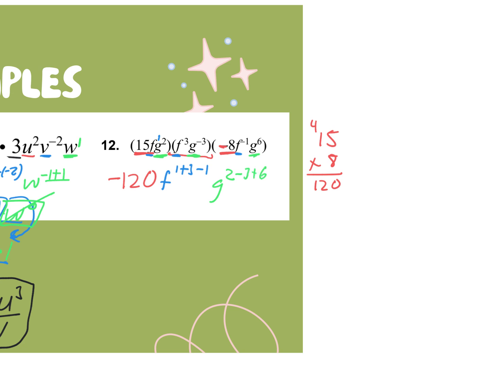And then we can simplify these. It's going to become negative 120. F to the 1 plus 3 is 4. 4 minus 1 goes back to 3. So f to the third. And then g to the 2 minus 3. 2 minus 3 is negative 1. And then negative 1 plus 6 is positive 5. So then this becomes your final answer.